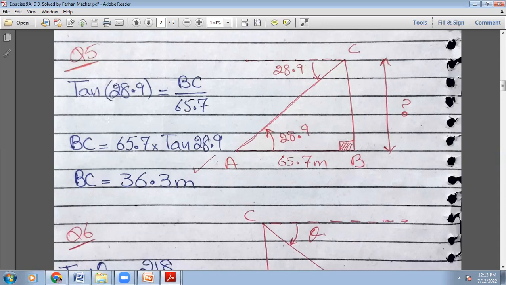So in your calculator, you will write 65.7 multiply tan 28.9, and BC will be 36.3 meters. So this is how you will do question number 5. The height of the cliff is 36.3 meters.